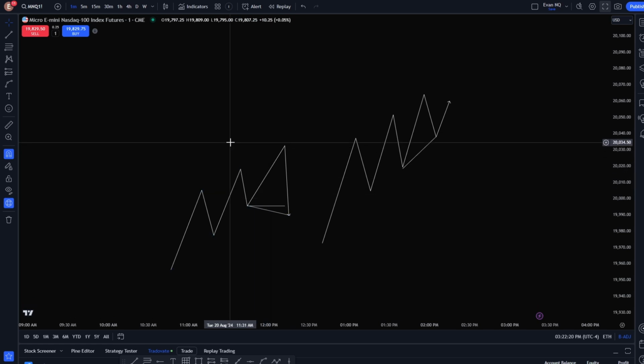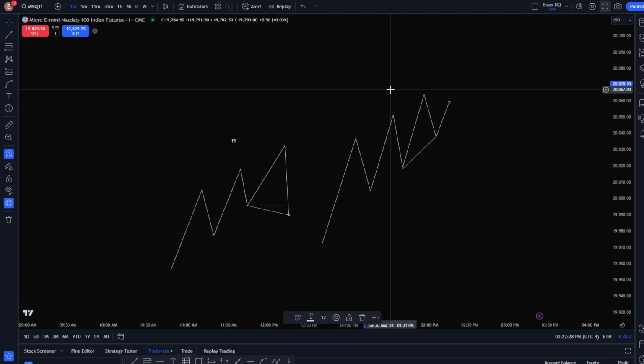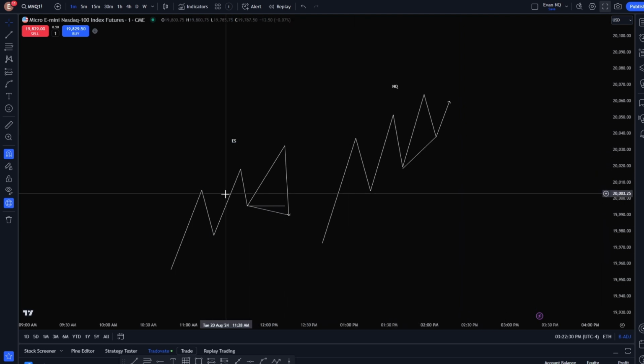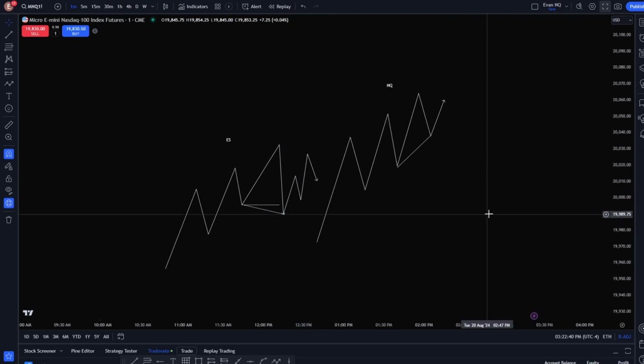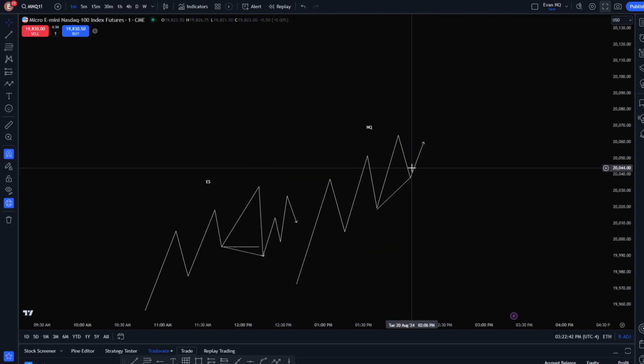So let's say this is ES right here, and this is NQ, right? So ES came up, took this low, and proceeded higher. And NQ didn't take the low and proceeded higher.